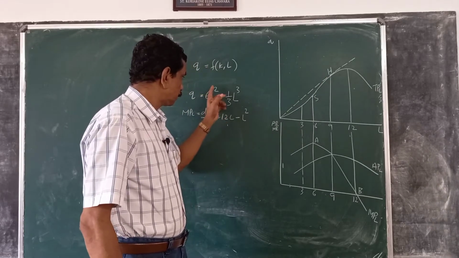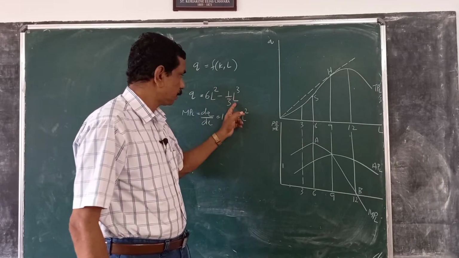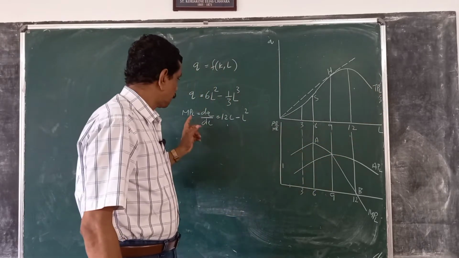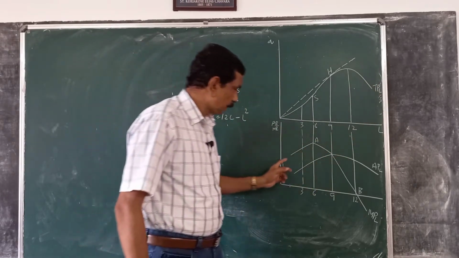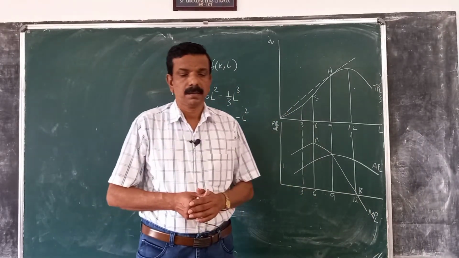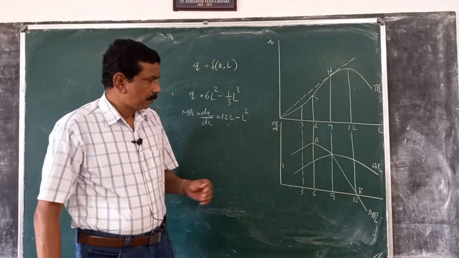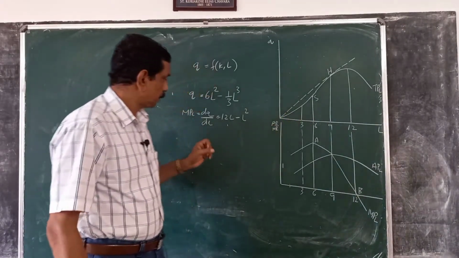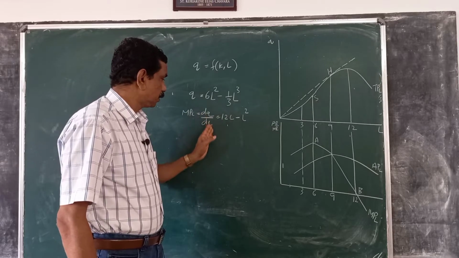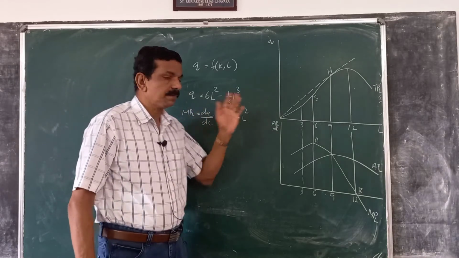Q is equal to 6L square minus 1 by 3 L cube, shown as TPL. The corresponding MPL is given by this curve. And as we know, MPL is nothing but the slope of TPL, that is dQ by dL.